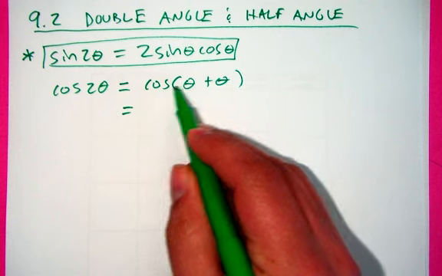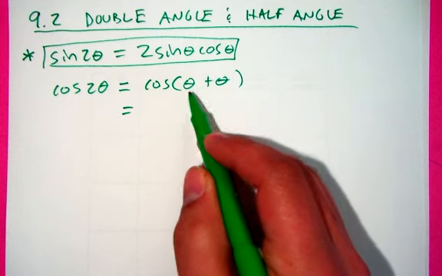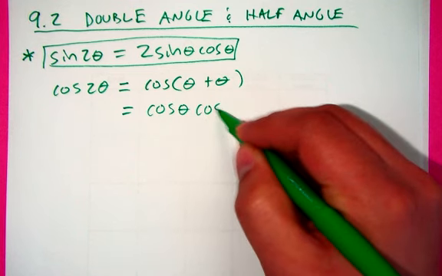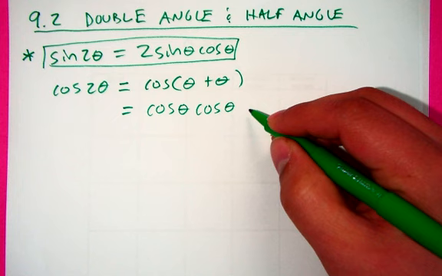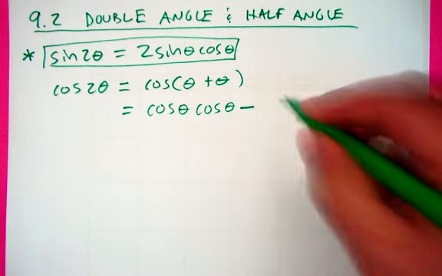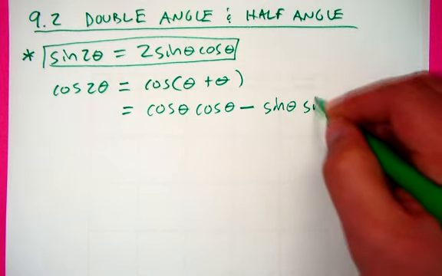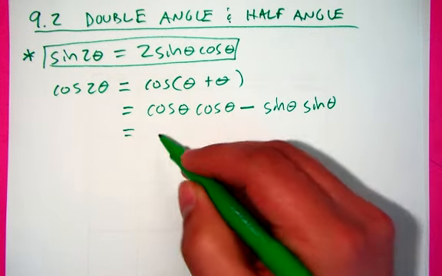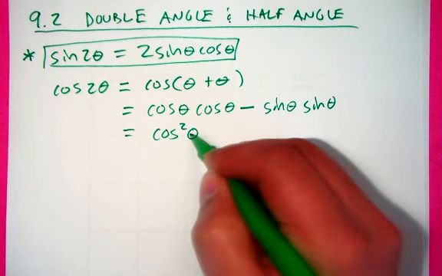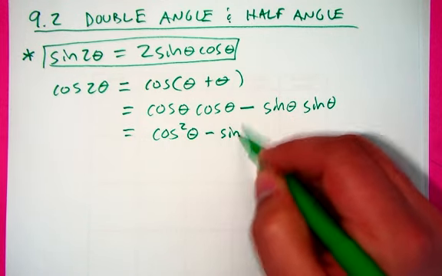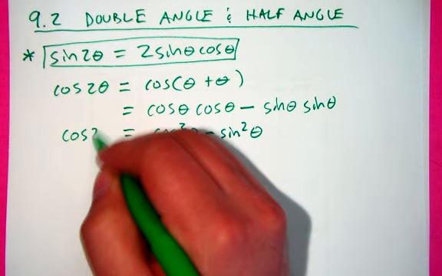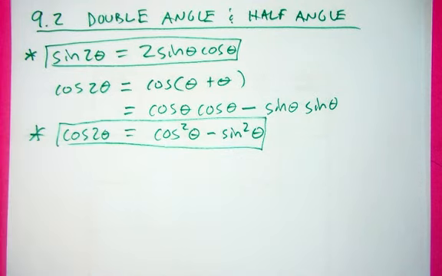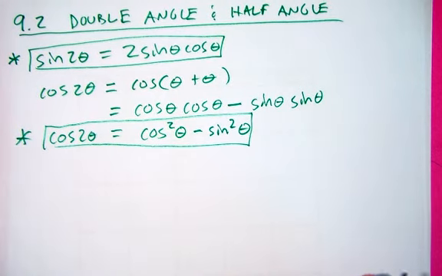So when we have 2 angles, the addition formula for cosine says that this is cosine of angle 1, cosine of angle 2, plus is minus, right? Sine of angle 1, sine of angle 2, and we can clean this up a little bit. Cosine times cosine, if it's the same angle, is cosine squared, and then sine times sine is sine squared. So actually, this is the other formula that you must memorize. These are the only 2 this unit that are new that you have to know.